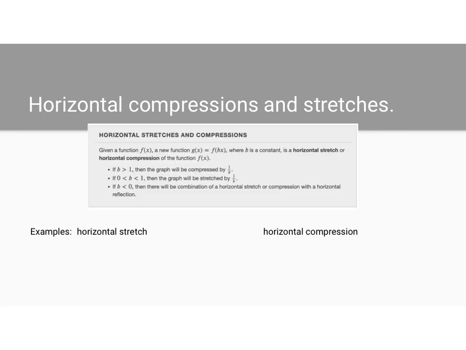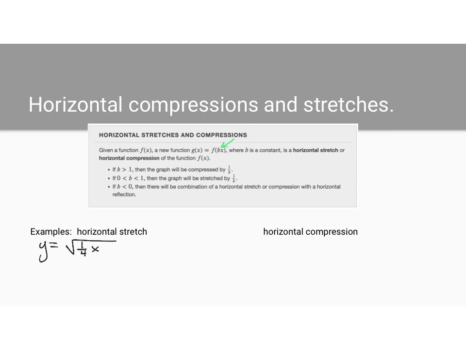This is similar to what we were doing with the vertical stretches and vertical compressions, except as usual, when it's on the inside, it's going to behave the opposite of the way you expect. So if I want to do a horizontal stretch, it isn't going to have a number in here that looks like it's going to make things bigger, right?